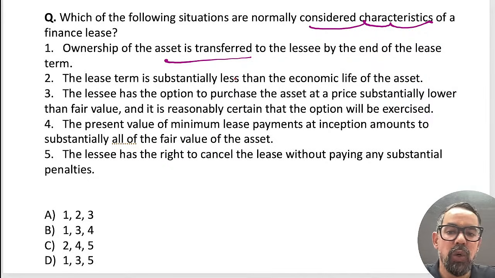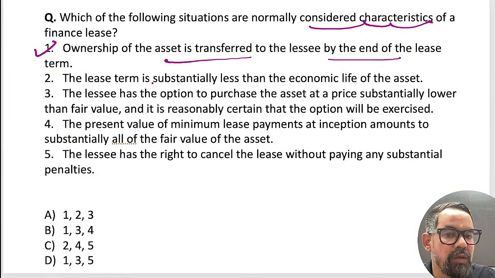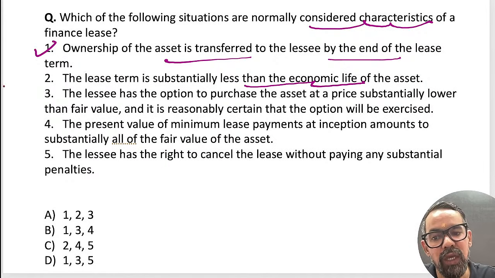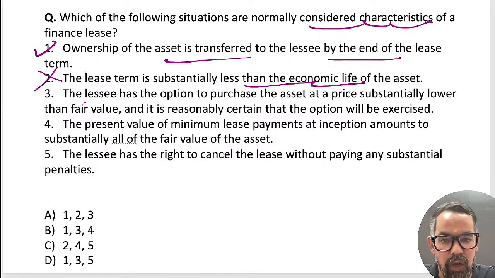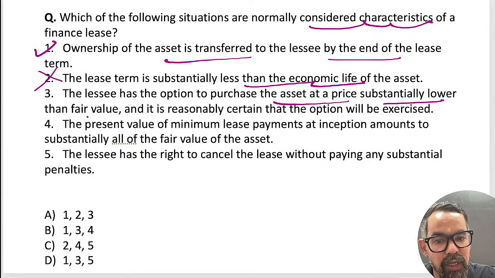So ownership of the asset is transferred to the lessee by the end of the lease term, in case of finance lease. This is true because the useful life is equal to the lease period. The lease term is substantially less than the economic life. It is equal to, as we just talked about. The lessee has the option to purchase the asset at a price substantially lower than the fair value.